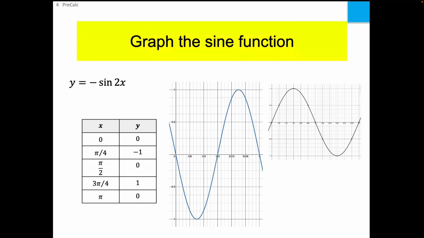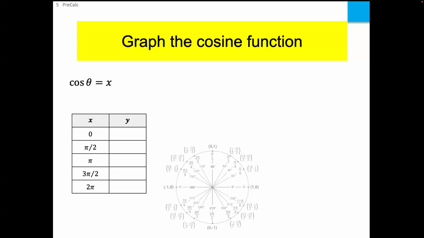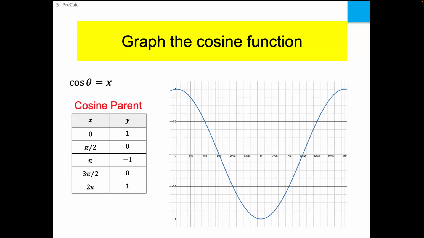So guess what the last thing you need to do in order to do the homework? You need cosine. And do we want the long one or we want the short one? So I'll give you the short one, which is right there. So 0, 1, pi over 2. Hey, look, the x values are exactly the same as the sine.